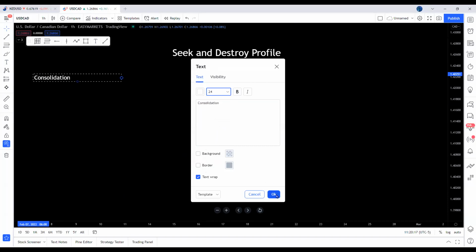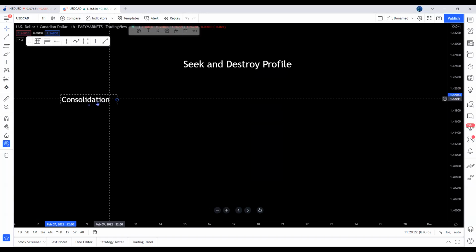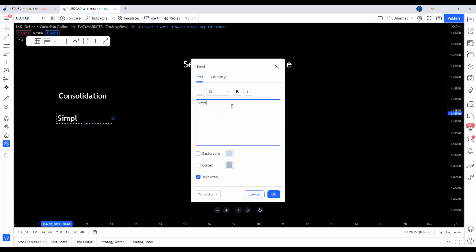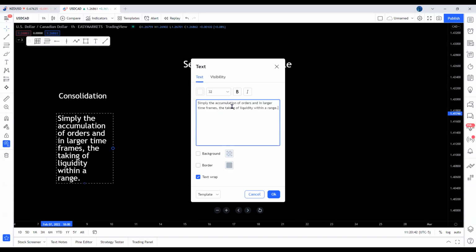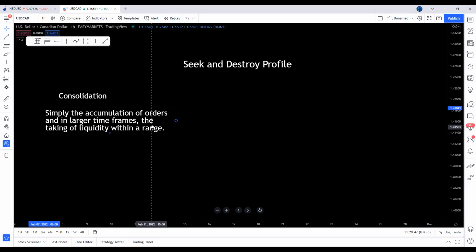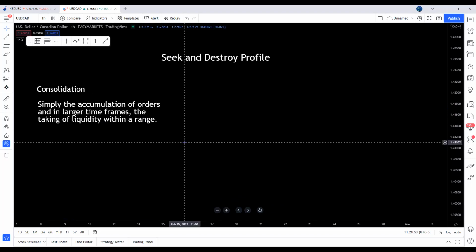In terms of smart money, consolidation is simply the accumulation of orders, and in larger time frames, the taking of liquidity within a range. And we're actually going to focus on the second part of this definition for this class, okay?